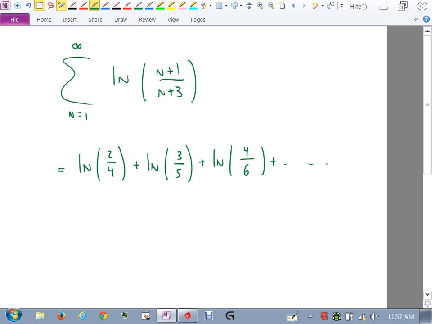You keep going, wouldn't it? You wouldn't see the cancellation unless now you broke up these into natural log 2 minus natural log 4, plus natural log 3 minus natural log 5, plus natural log 4 minus natural log 6. You see that? Now I'm using that property, and now you can see that you would have that cancellation again.